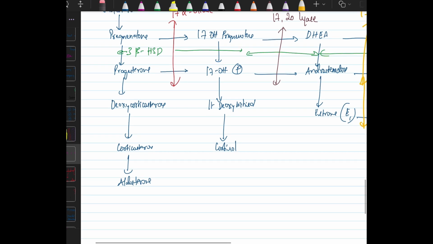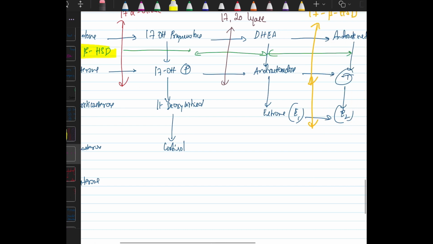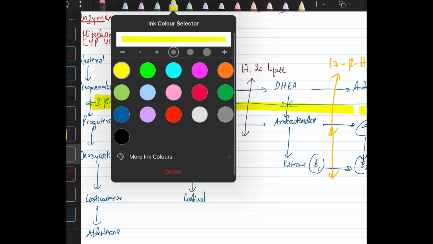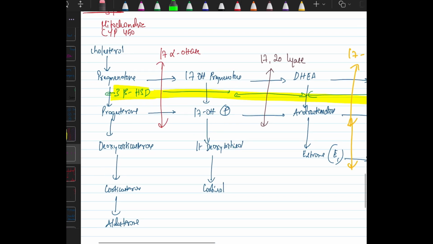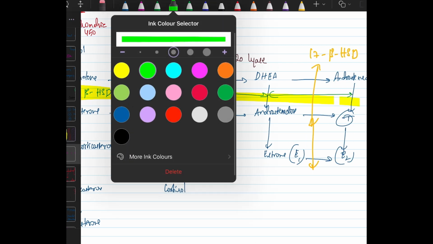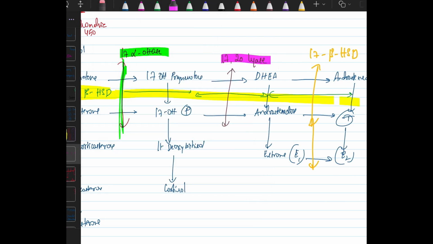And now the important ones, I'm just going to highlight them: 17 beta hydroxysteroid dehydrogenase here, and next 17 hydroxylase here, and the other one, 17,20 lyase, is here.